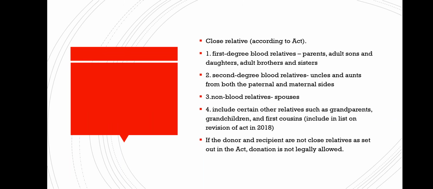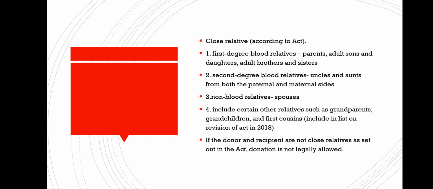First, donor first degree blood relatives: parents, adult sons and daughters, and brothers and sisters. Then second degree blood relatives include uncles and aunties from both the paternal and maternal side. Next, third degree relatives and spouses.